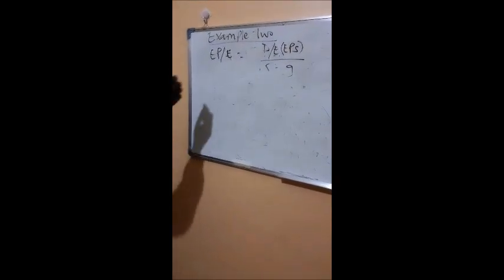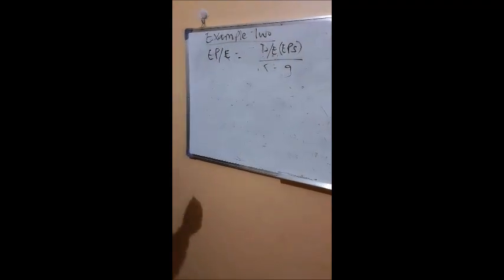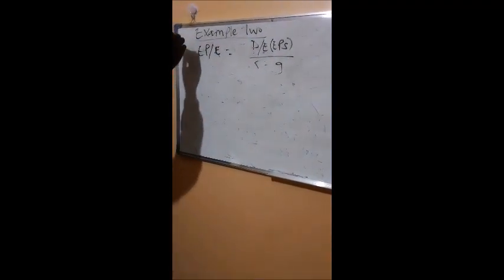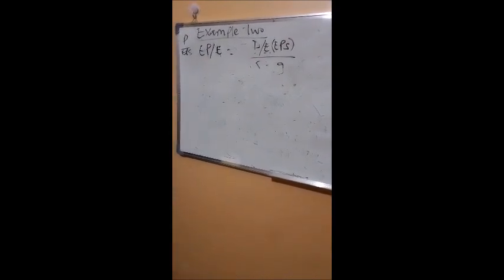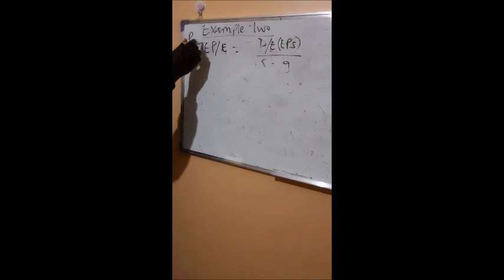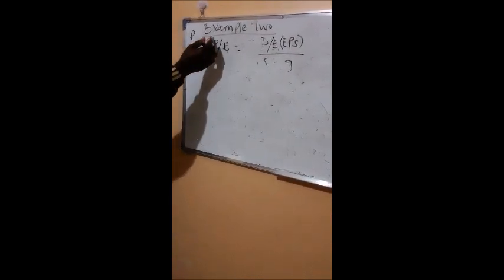So here again we are using equation 4. The expected P/E ratio is obtained by dividing P by expected EPS, earnings per share. We get the P/E ratio.